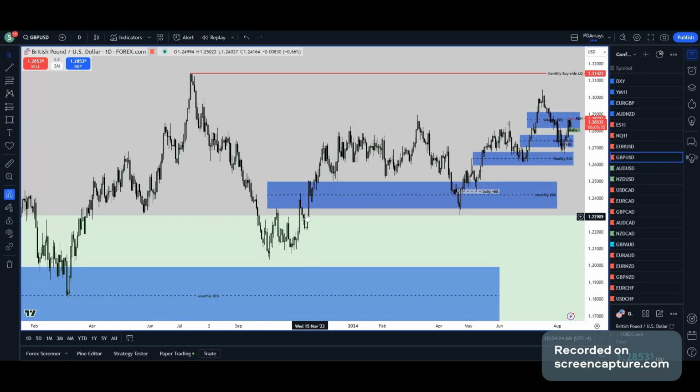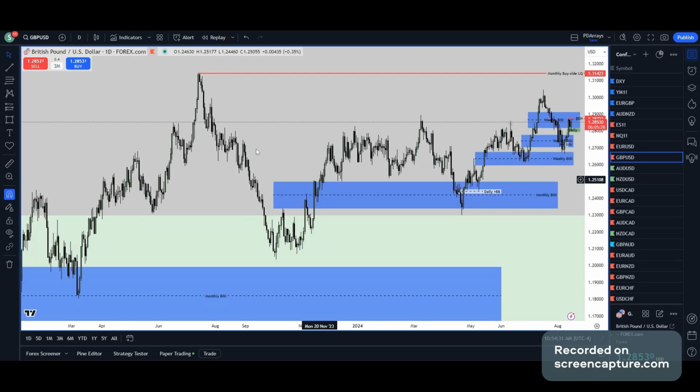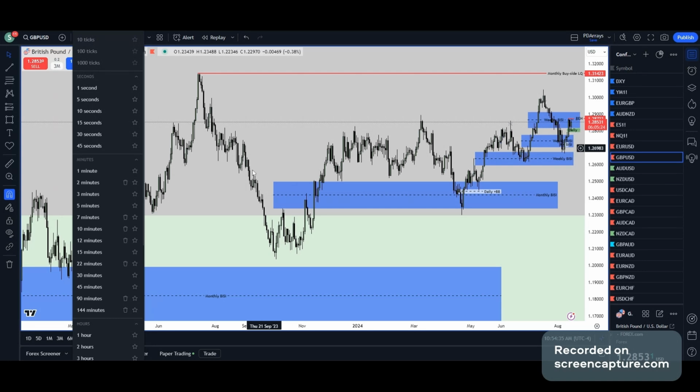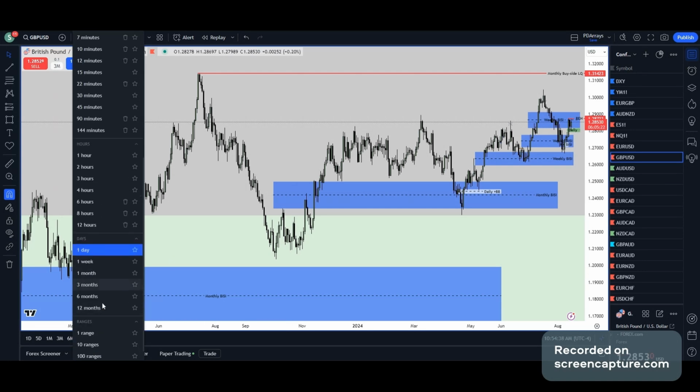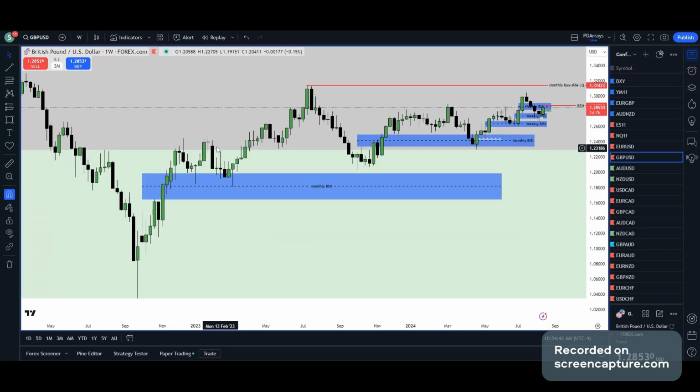Okay, so down here, or technically it was down here where we had a smart money reversal, but this was our new range.